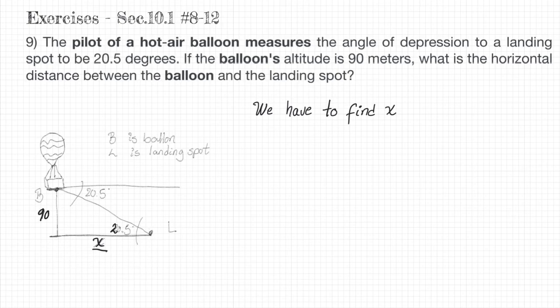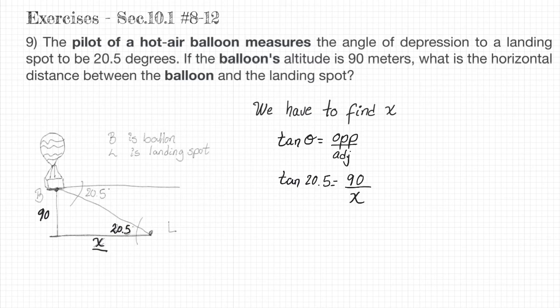We have to find x, because they ask what is the horizontal distance between the balloon and the landing spot. So this distance right here is x. Tangent of theta is opposite side over adjacent side. So I have tangent of 20.5 equal to 19 over x, okay?